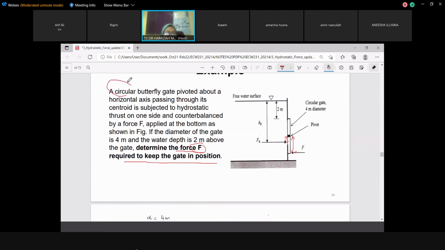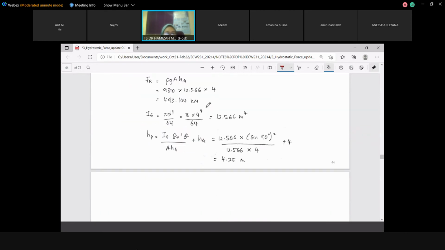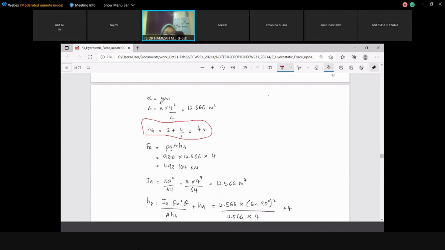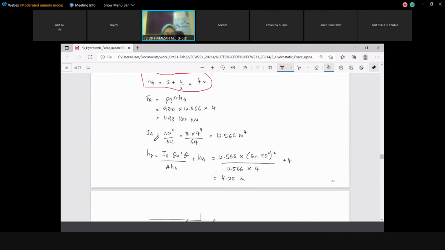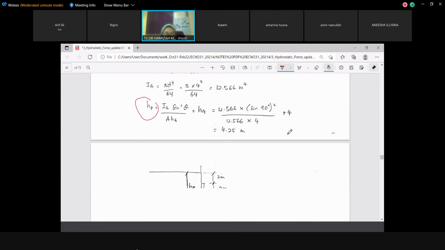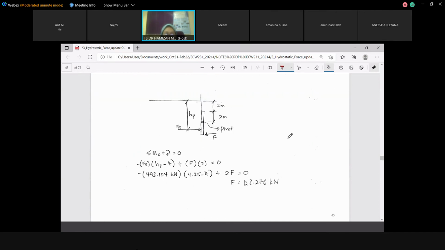The gate is circular. Use the formula for circular, pi d square over 4. Okay, find the HP. Okay, and then we calculate the moment. Moment to hold the gate ataupun force to hold the gate. Force darab dengan perpendicular distance, which is here.